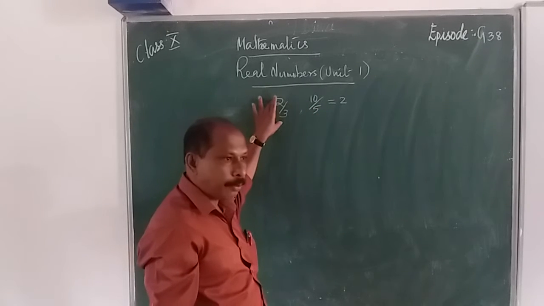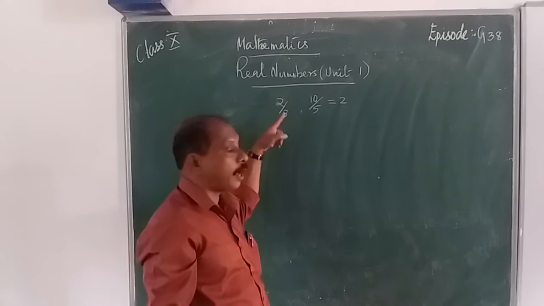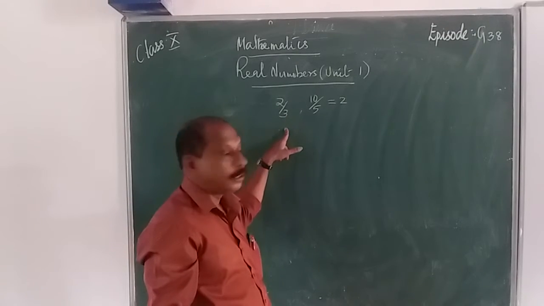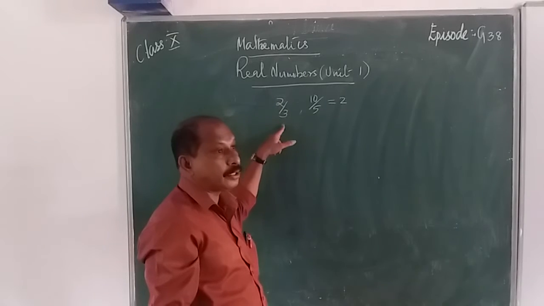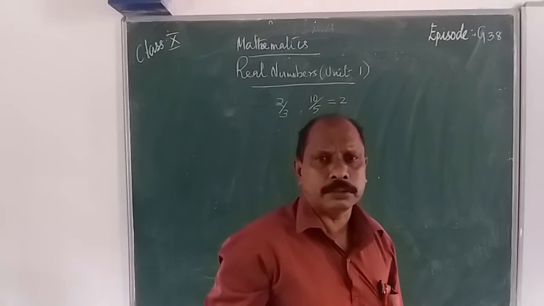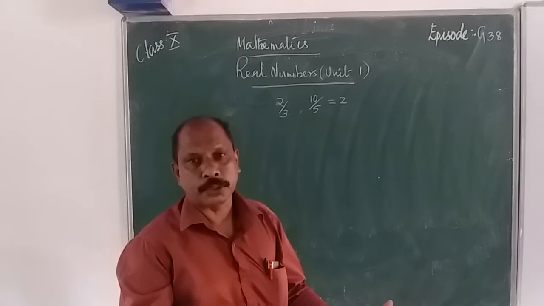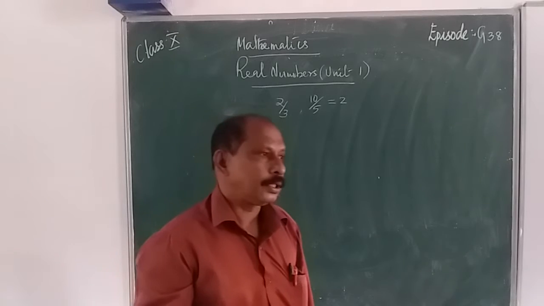In this example, each is a number with a numerator and denominator. Numerator and denominator are integers. Integers means 1, 2, 3, 5, 6, etc., 0, -1, -2, etc. They are integers.